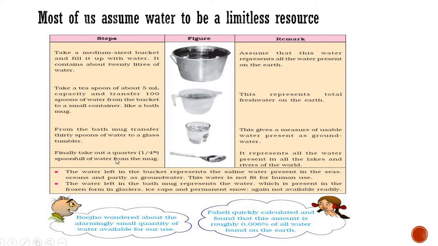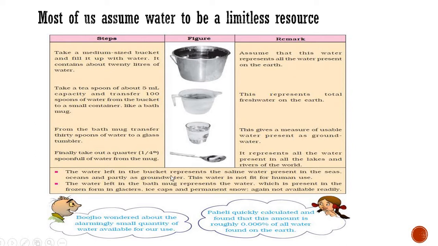Finally, take out a quarter spoonful of water from the mug, and it represents all the water present in all the lakes and rivers of the world. This water in the spoon represents the lakes and rivers, while the tumbler water represents underground or usable water.